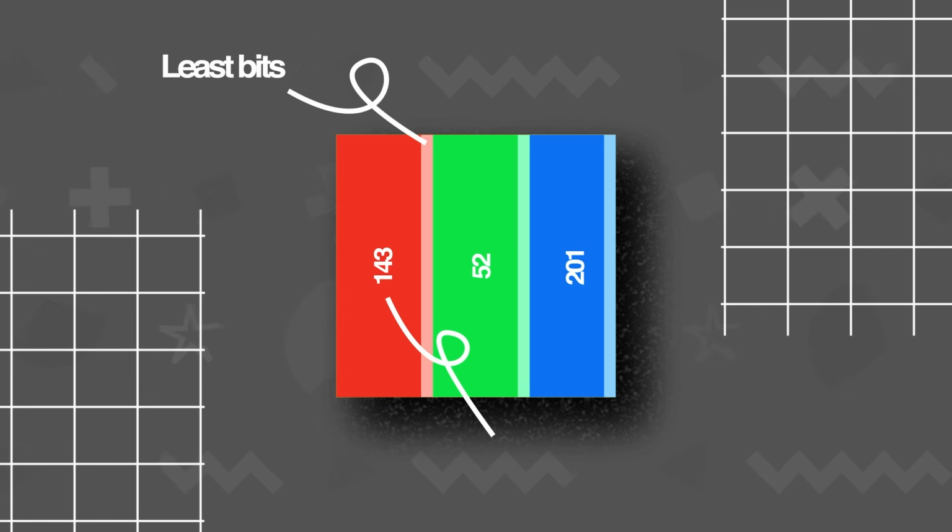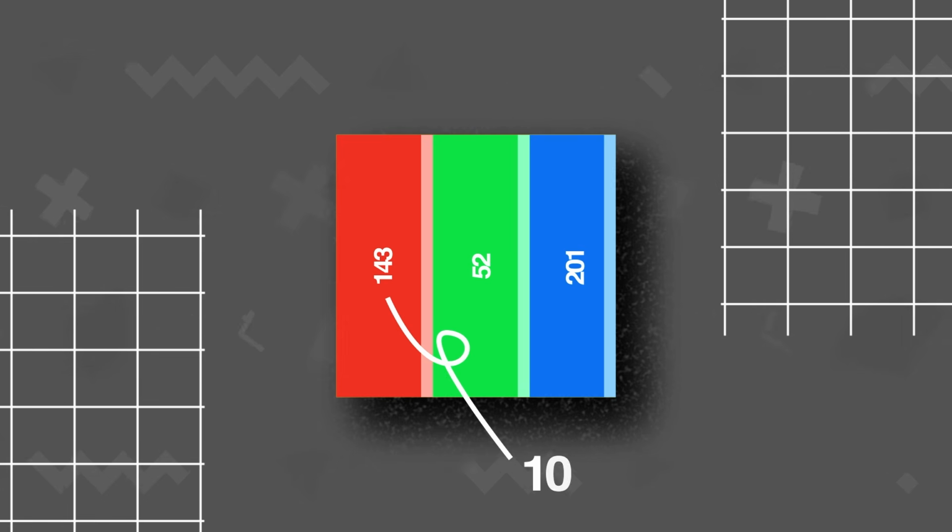Here's the easiest way. Each pixel has RGB values, something like R equals 143, G equals 52, B equals 201. We slightly modify the least significant bit of these numbers. For example, 143 is 10001111 in binary.